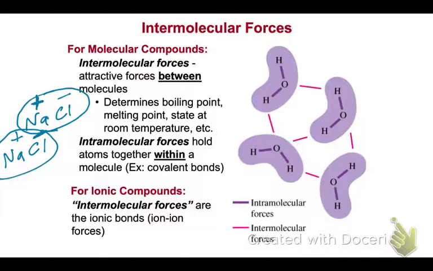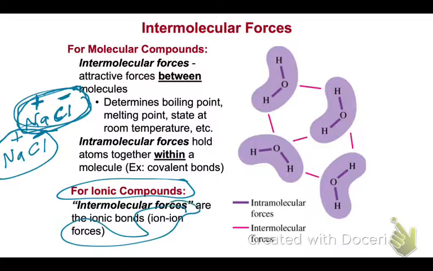That's an ionic bond, a cation next to an anion. But isn't that also what attracts them within the same formula unit, like the anion is attracted by electrostatic attraction to the cation? So in ionic compounds and ionic compounds only, the inter and intra are the same and they are the ion-ion forces, or what we call ionic bond.